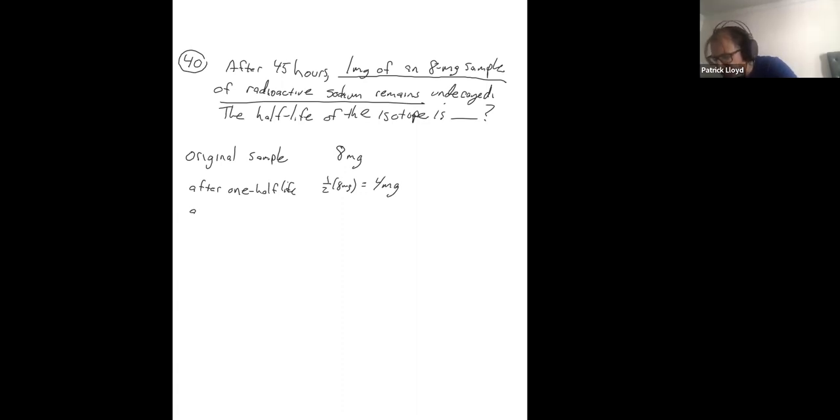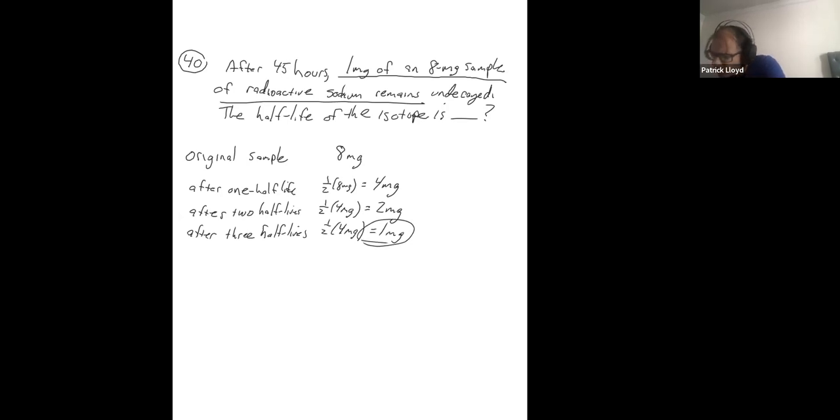Let's do it after 2 half-lives. Okay. Well, after 2, it'd be half of what we have remaining. Half of 4 would be 2 milligrams. And let's keep going. After 3 half-lives, half of what we had. That's 1 milligram.